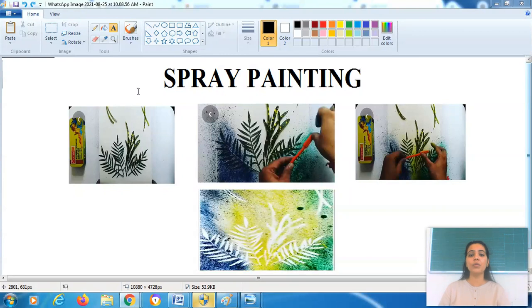So you all have to get your drawing file, be ready with the poster color, with paintbrush, with toothbrush and a small amount of water in a utensil. किसी भी utensil में आप small amount of water carry कर सकते हो, because we are doing painting, so we must require water also. So hurry up.